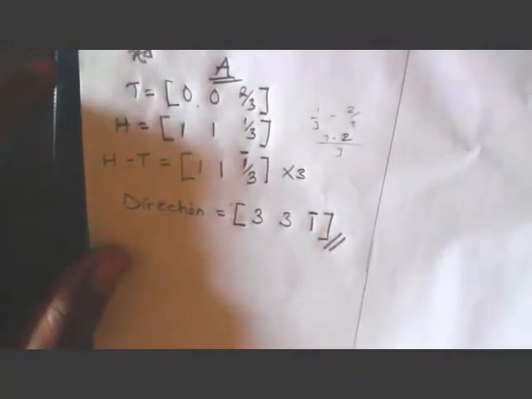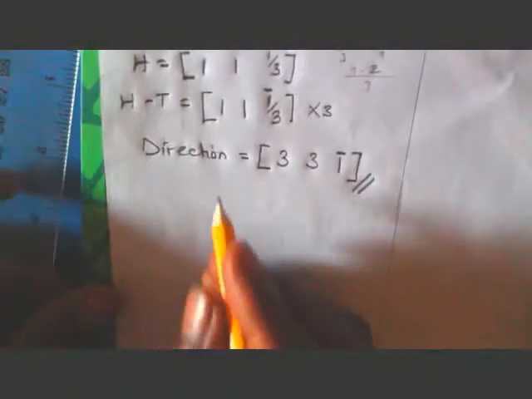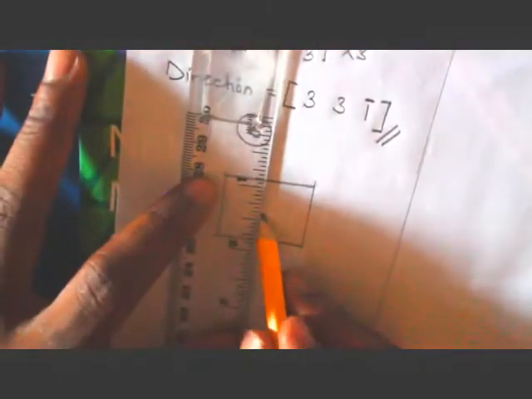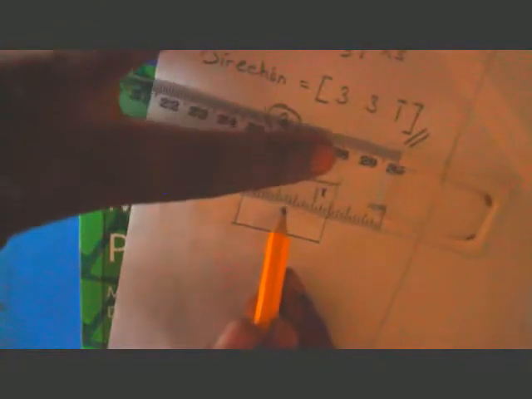So for the direction of B, here you can just draw B. Here is our A. For the direction of B, very simple.